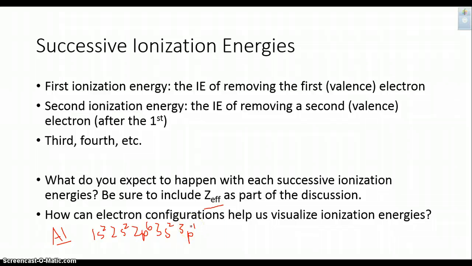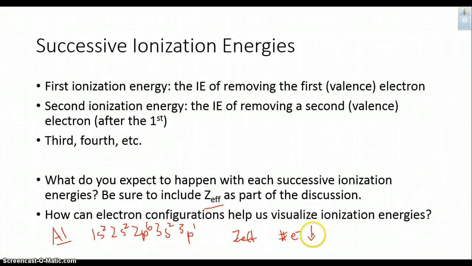If I take a look at the actual values, you'll notice that as you continue to remove more and more electrons, the aluminum ionization energy will increase with each successive ionization. Why is that? Well, remember that whenever we ionize something, or especially when we remove an electron, you have the same number of protons, so your ZF remains constant, but the number of electrons continues to decrease.